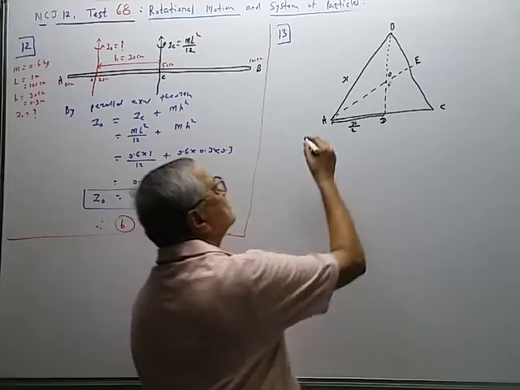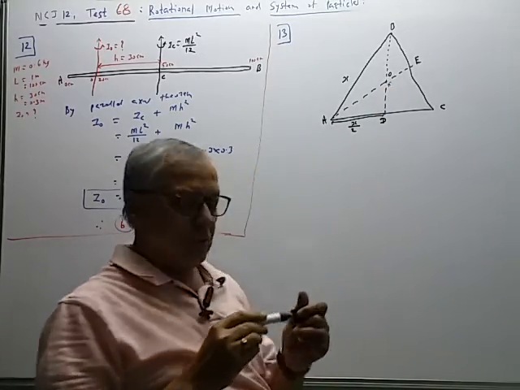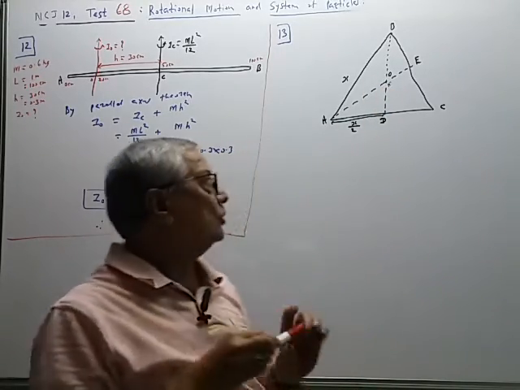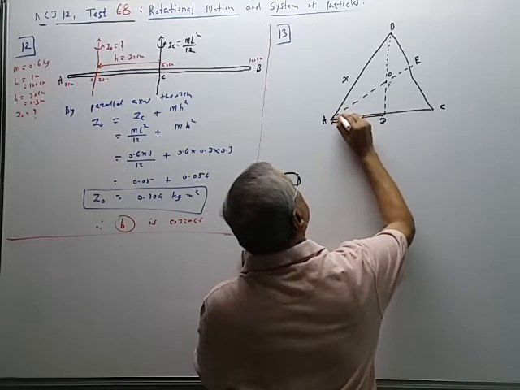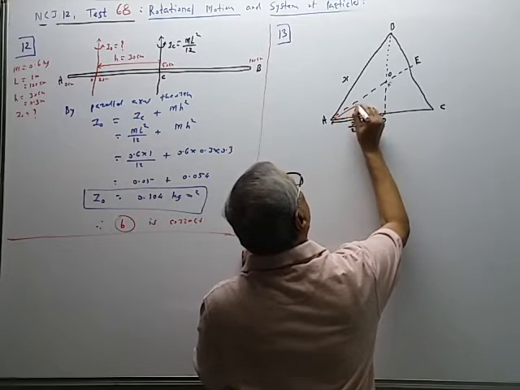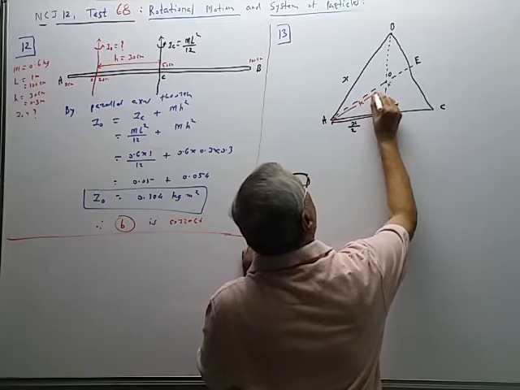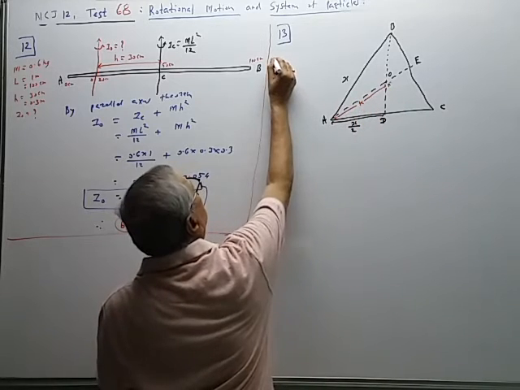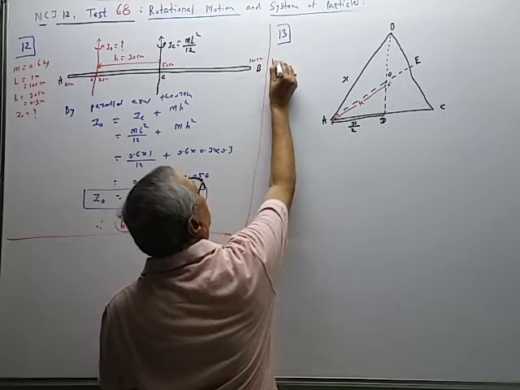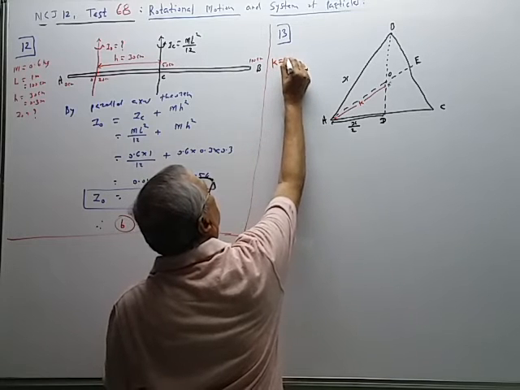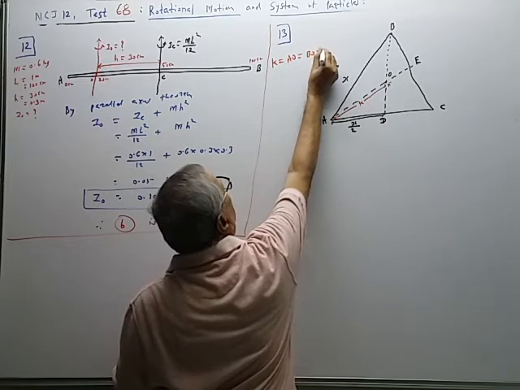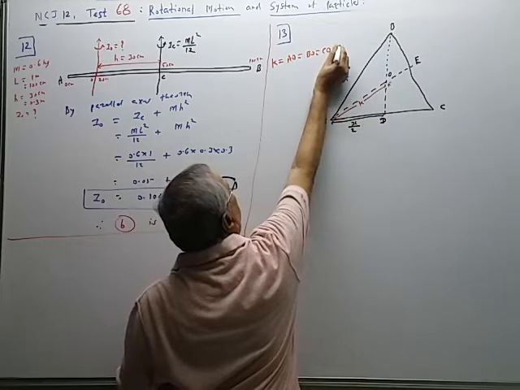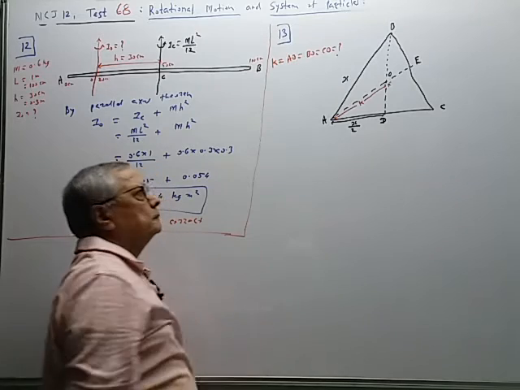So this distance AO or BO or CO is equal to K. This distance is K, the radius of gyration. So K is equal to AO is equal to BO is equal to CO is equal to question mark.